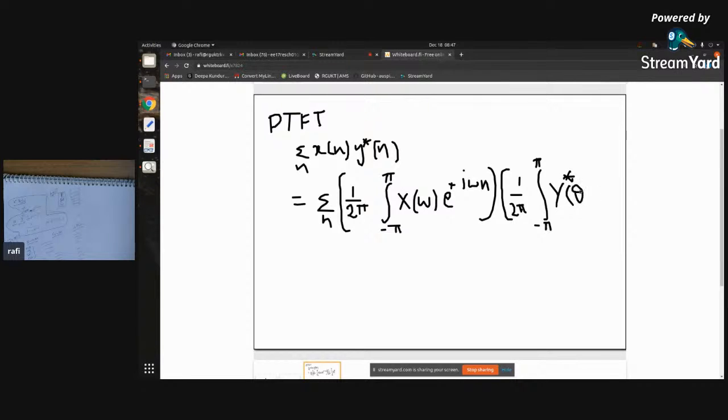I'm writing theta in the place of omega just for differentiating, as these are two separate integrals. So e power minus j theta n d theta, because the conjugate is there. This is the term for y star of n.